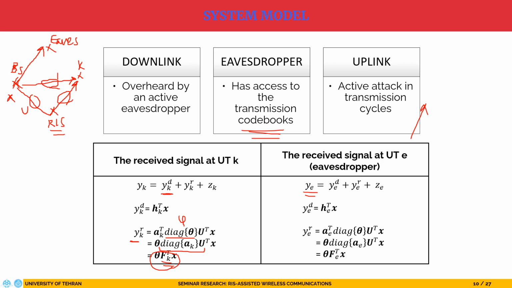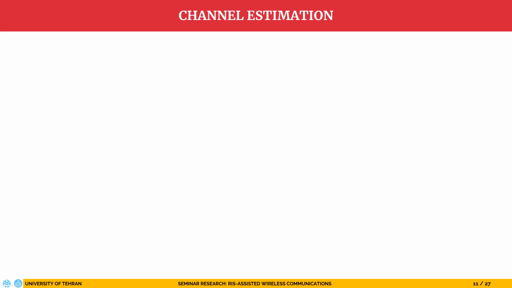The signal received by the active eavesdropper is a direct channel between the base station and the active eavesdropper, and also a signal which is reflected from the RIS. This is another channel through which the active eavesdropper can receive the signal, the same as here. So this is the channel model, or specifically the system model.